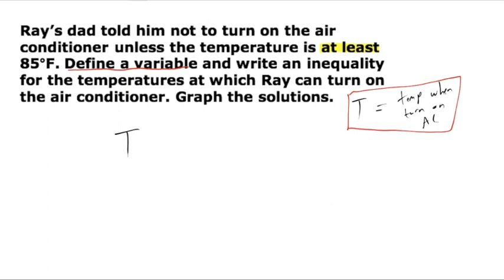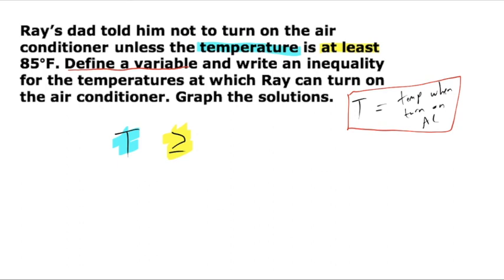Notice that the sentence itself sets up the equation in a logical, chronological order. First we have temperature, there's my variable. Next we have the words at least. We know that at least means greater than or equal to, so I'm going to put greater than or equal to.